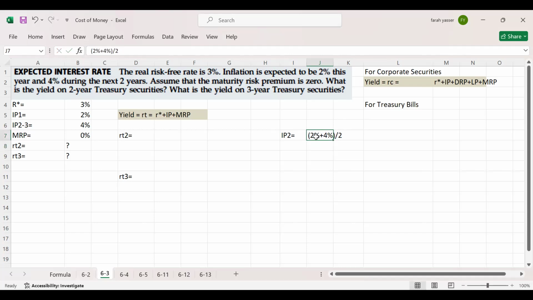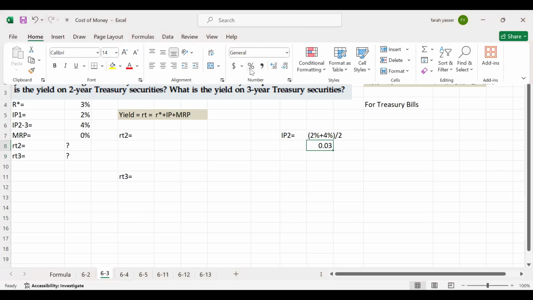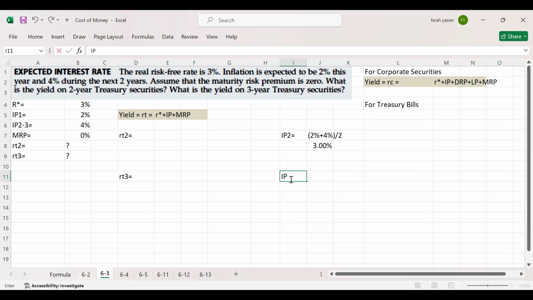So 2 years average inflation would be how much? 3%. We will convert it into percentage, 3%. And similarly, we will calculate average inflation for 3 years. So for 3 years we have, first year inflation is 2%, and second year and third year inflation is 4%. So we will take 2% plus 4% plus 4%.